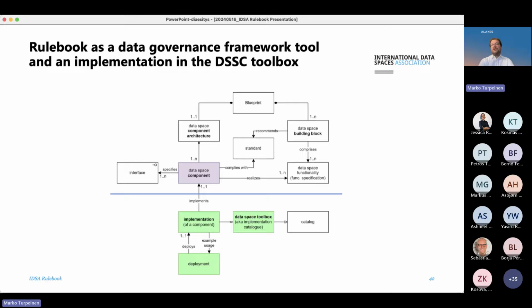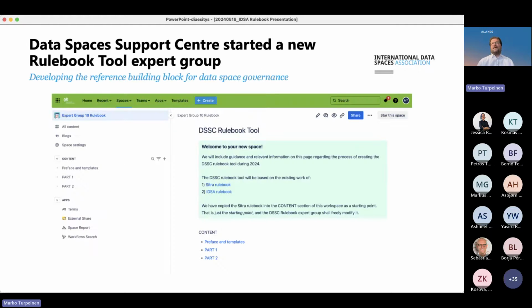There is a rulebook activity that was started last month. This rulebook tool expert group is bringing together the work done in the IDSA rulebook, the CITRA rulebook, and other activities, with lots of expertise already in the DSSC context: legal expertise, business expertise, ethical expertise, for example.